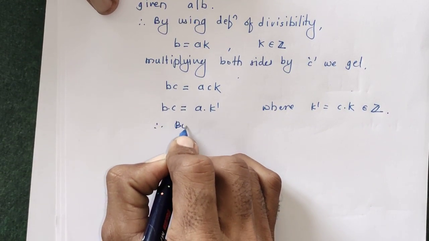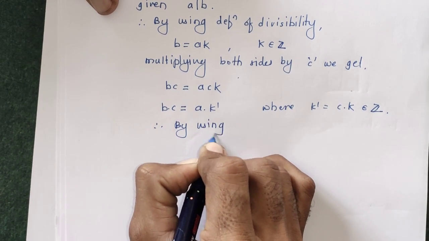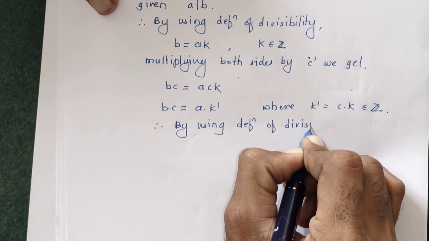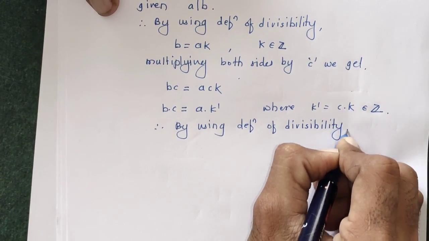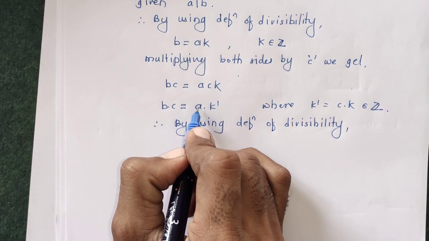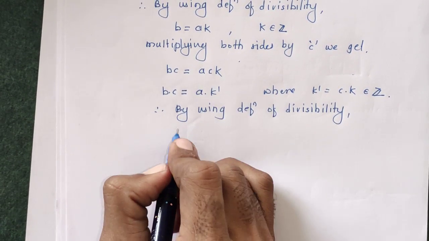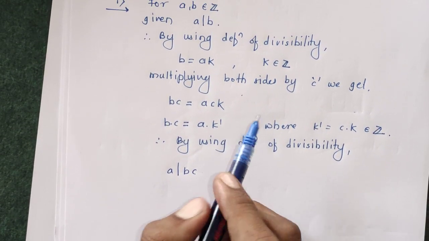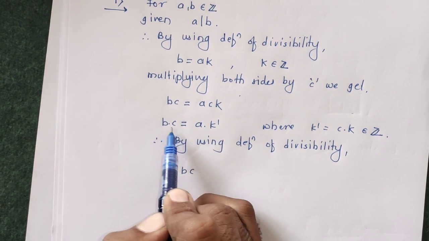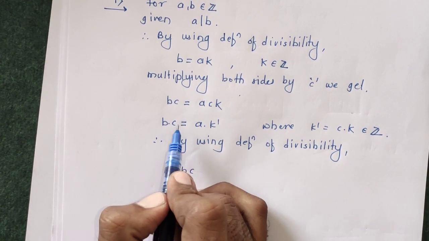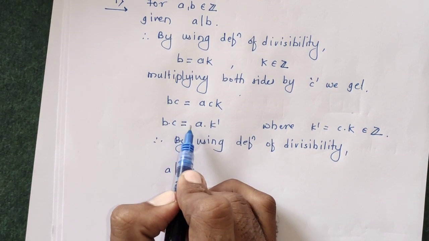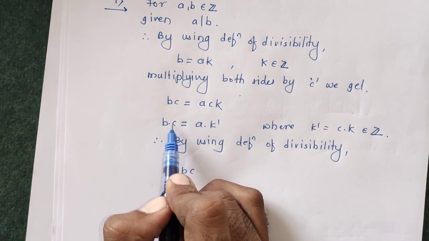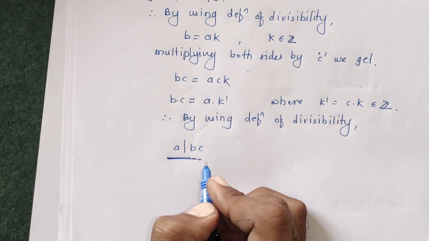Therefore, by using the definition of divisibility, we get that A divides B into C. Here A into some integer is equal to B into C. B into C is an integer which is written in the form of a multiple of A. So A divides B into C, and we get the required proof.